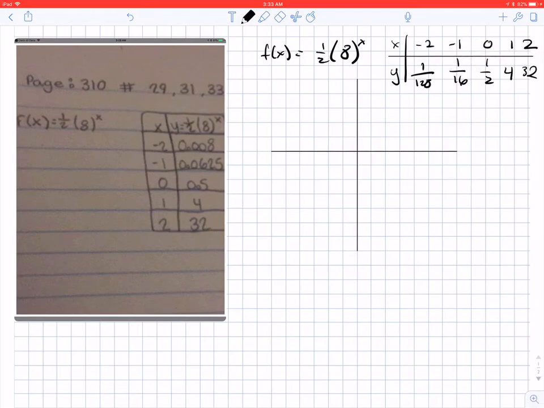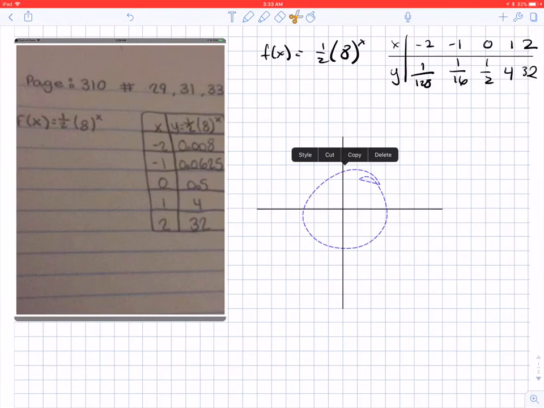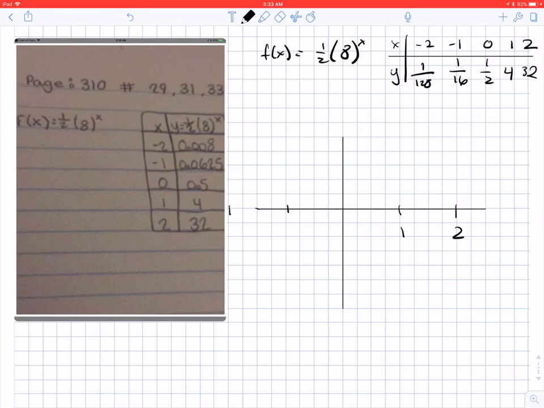All right. So then the question came in on how to do this in a graphing calculator, and let's do this by hand. So I chose x from -2, so we can go 1, 2, 3. We'll make this 2 here. So this is 1 and this is 2.